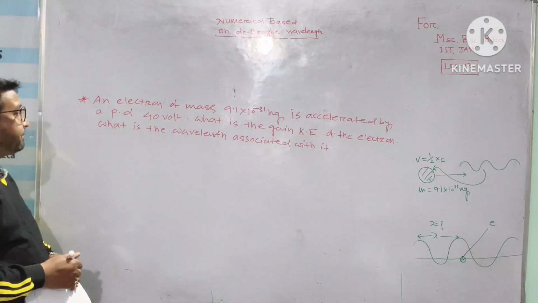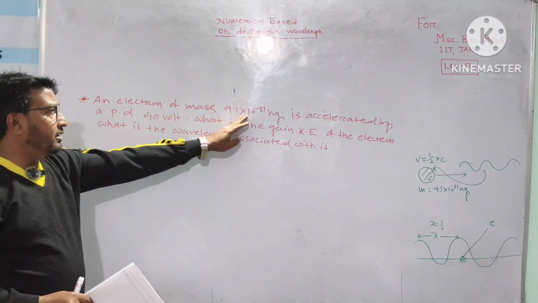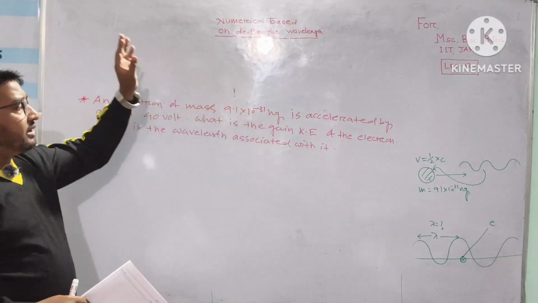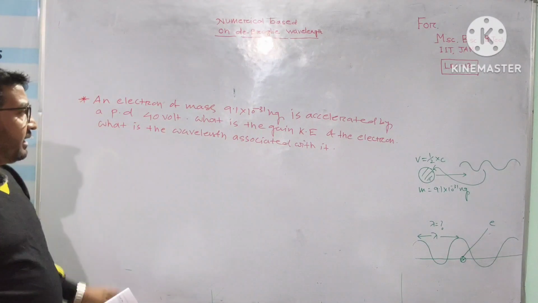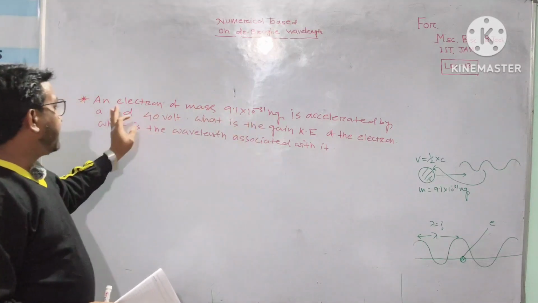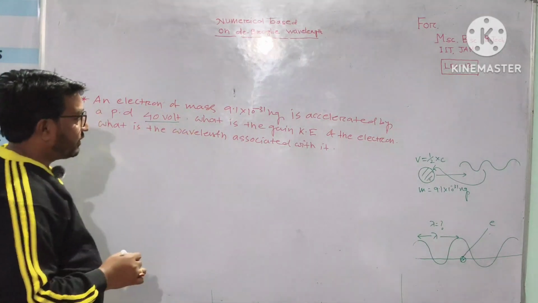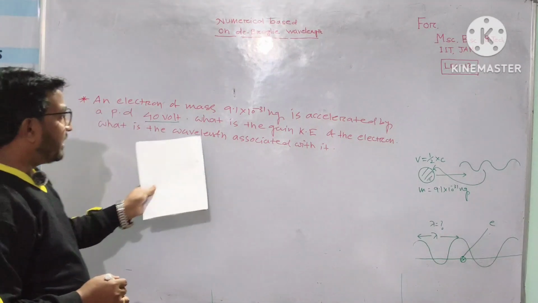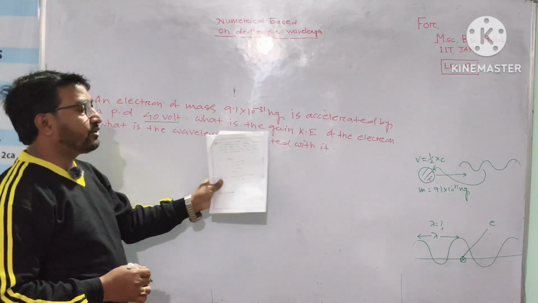According to this question, an electron of mass 9.1 into 10 to the minus 31 kg. As we know, the mass of an electron is always equal to 9.1 into 10 to the minus 31 kg. This electron is accelerated by a 40 volt potential difference. In this case, what is the gain of kinetic energy of the electron? And second part, what is the wavelength associated with it?